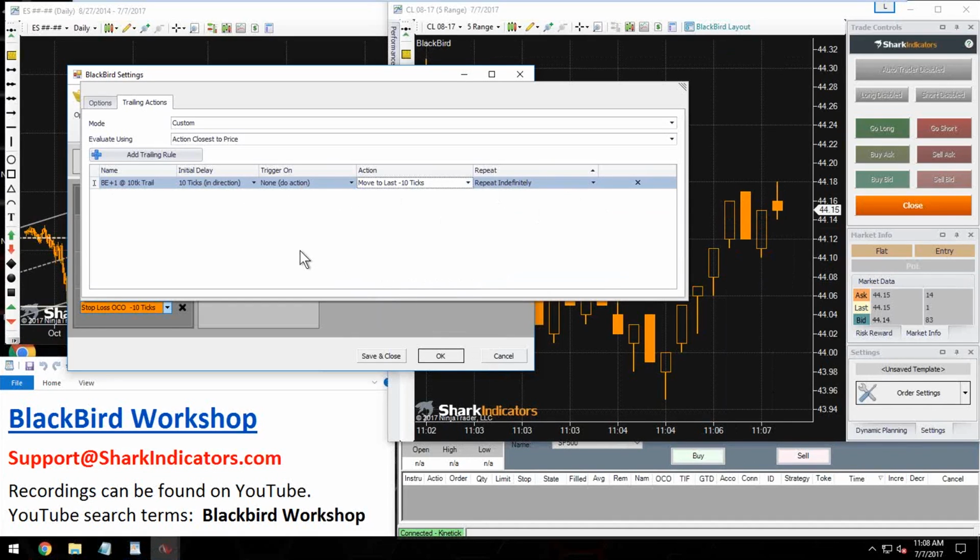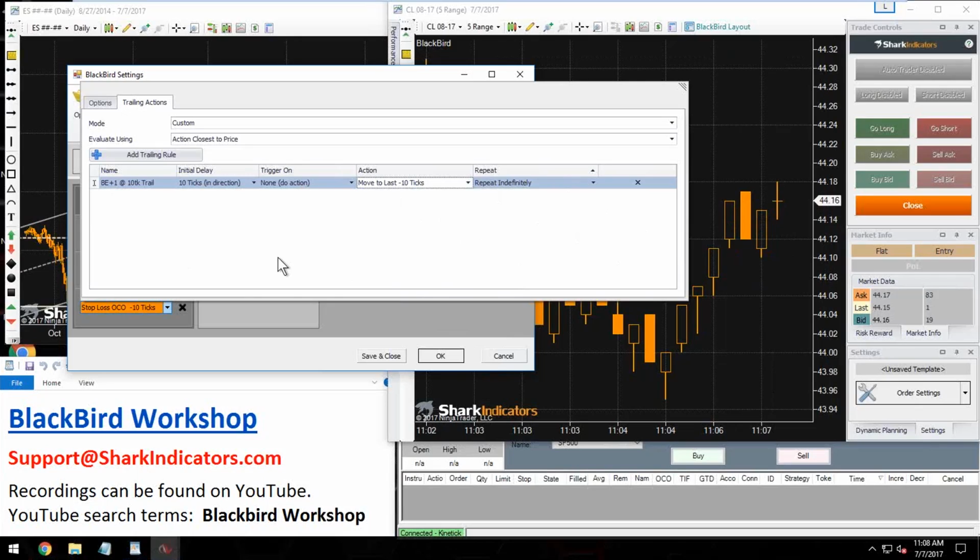All right, so again, just to repeat, an indicator used anywhere inside of BlackBird has to follow that calculate on bar close setting, right? That is a hard-coded reality controlled by NinjaTrader.